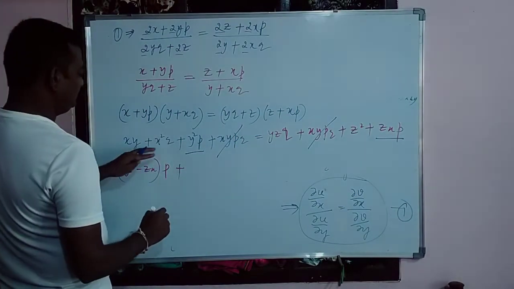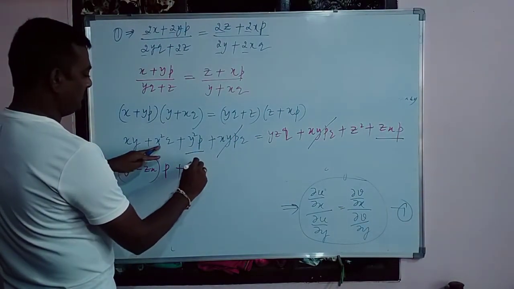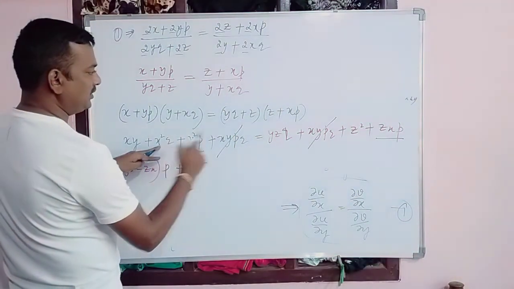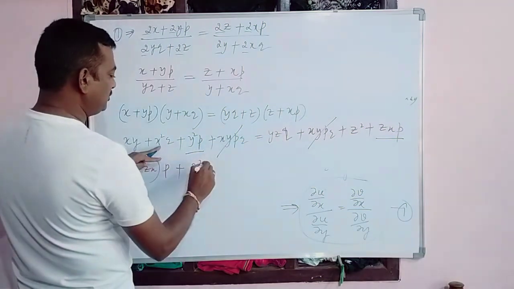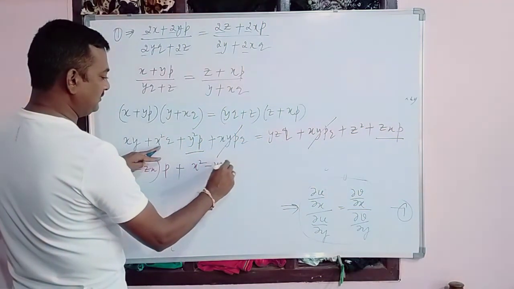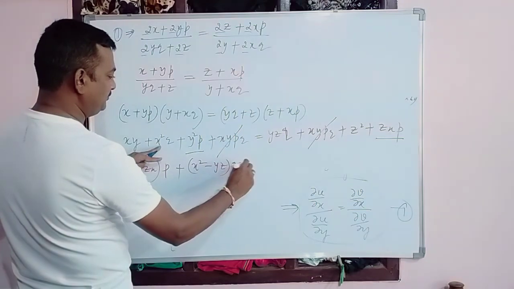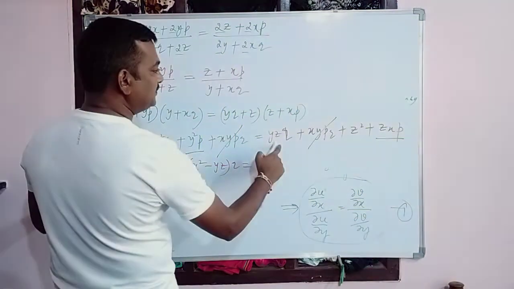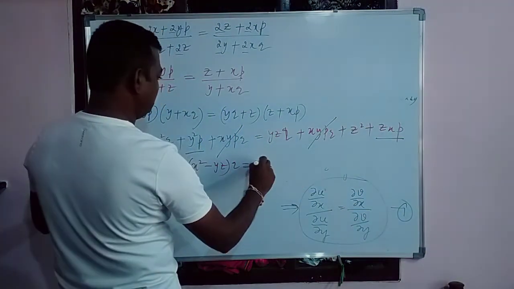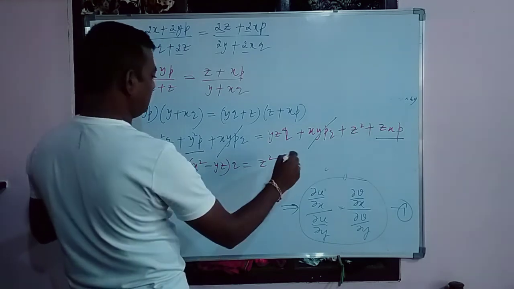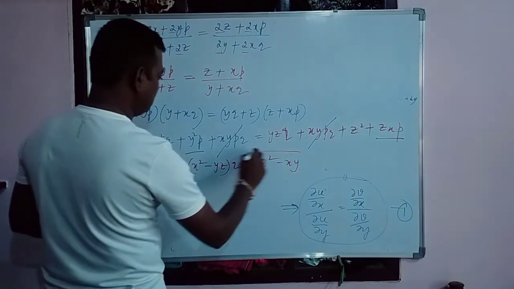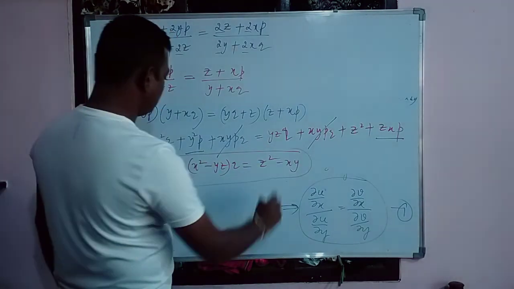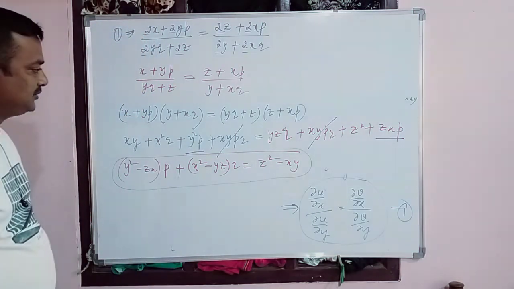Similarly, next go for q. x square q is already here. Bring yz q to the left side: x square minus yz into q is equal to z square. Transform xy to the right side, it will become minus xy. So this is the required partial differential equation. Thank you so much.